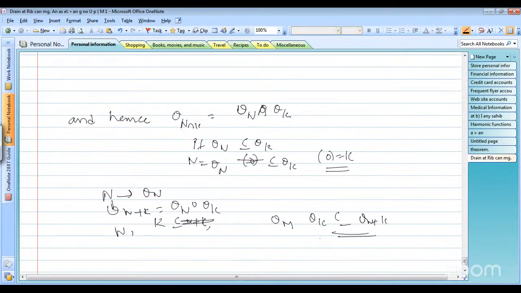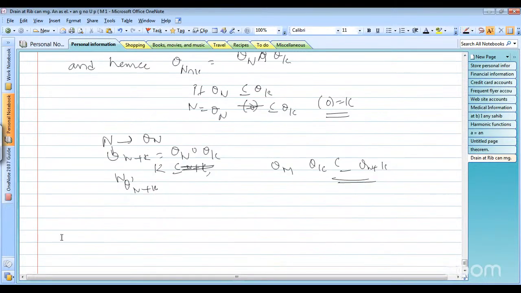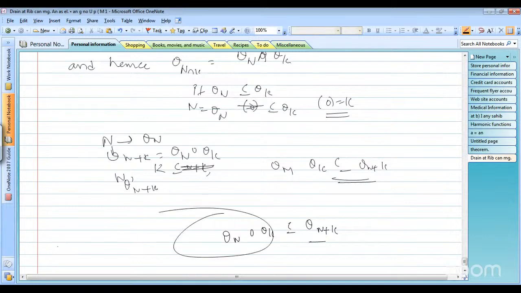And since theta n plus k, we are taking here the transitivity, theta n circle theta k is contained in theta n plus k. Theta n intersection theta k subset of or equal to theta n plus k. The condition is satisfied here.